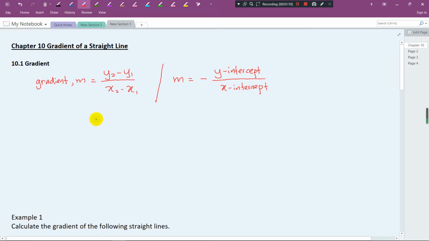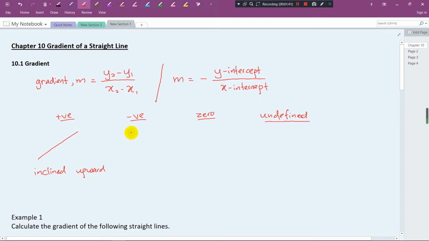So basically, you have four types of gradient. The gradient can be positive, it can be negative, or sometimes you get zero, or undefined. If the straight line is going upward, or inclined upward, the gradient will be positive.